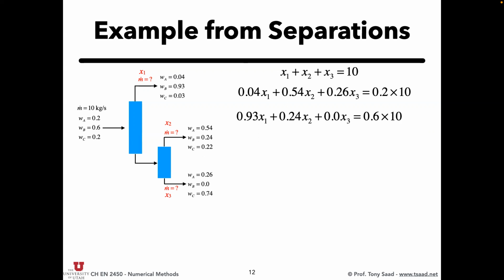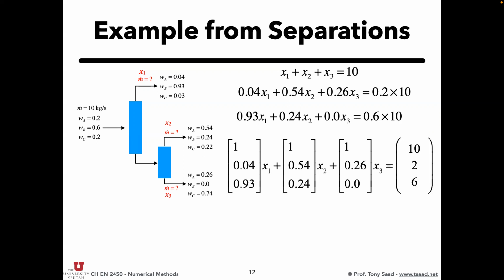So the first step I'm going to make is to combine the numbers for x1, so 1, 0.04, 0.93. They all multiply x1, right? So that's a vector with numbers 1, 0.04, 0.93 multiplying x1. Same thing for the second variable: you have 1, 0.54, 0.24 times x2.